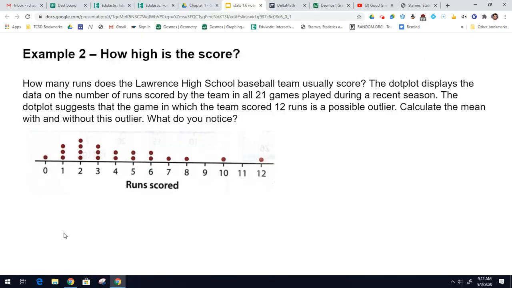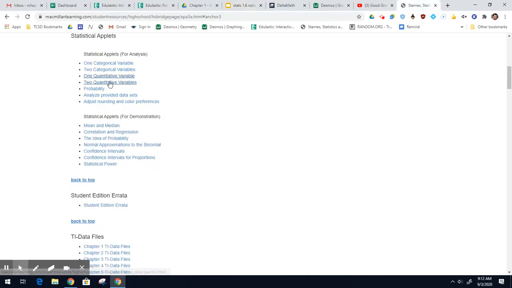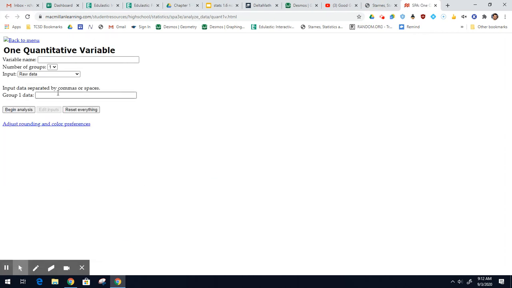So I took a picture. I'm going to go to the stats applets again. Again, we're doing one quantitative variable. And again, when you're reading a dot plot, each dot is a data value. So there's 1 zero, there's 3 ones, there's 4 twos, there's 3 threes, 2 fours, 2 fives, 2 sixes, a 7, an 8, a 10, and I'm going to include 12 in this one.